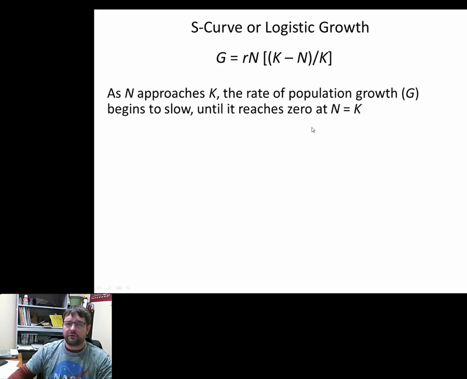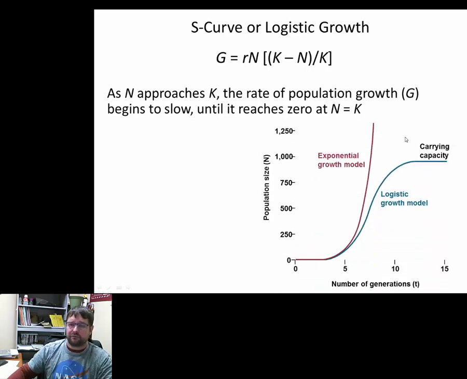And the reason why we do this is that as n and k get close to each other, the growth rate begins to slow. When n is equal to k, the growth rate is going to be 0. There's not going to be any growth rate. Again, the k can change though, and does so often.